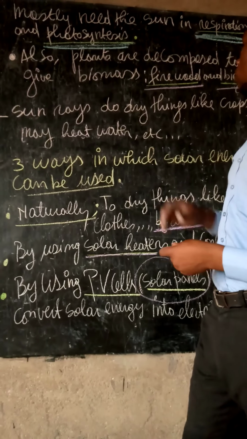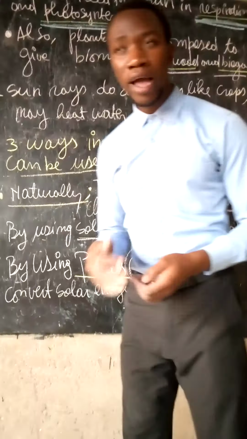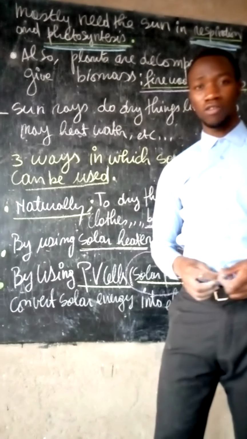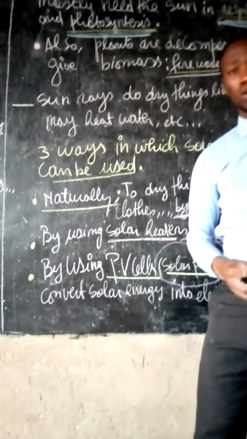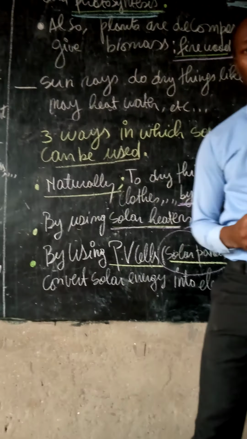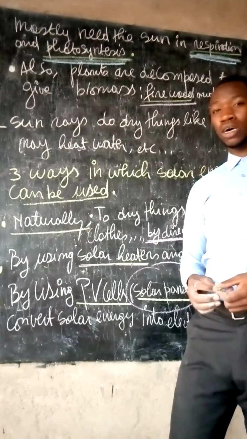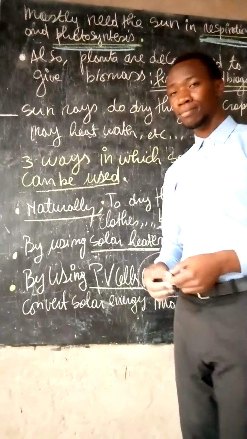Also, plants are decomposed to give biomass. Once we say biomass, we mean energy coming from living organisms, such as firewood or biogas. Biogas and firewood are useful at home, like combustion in cooking.